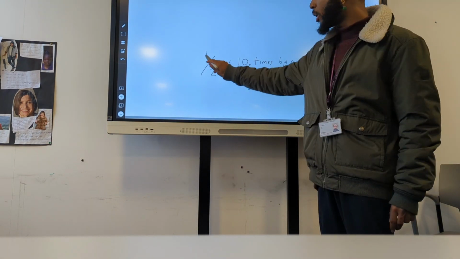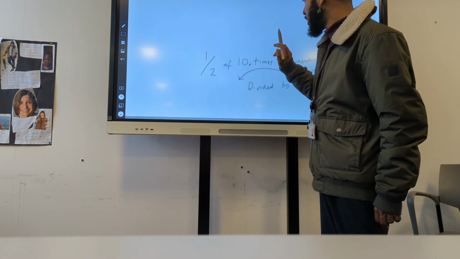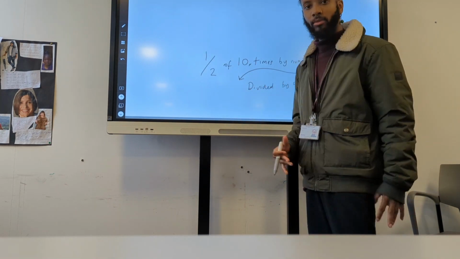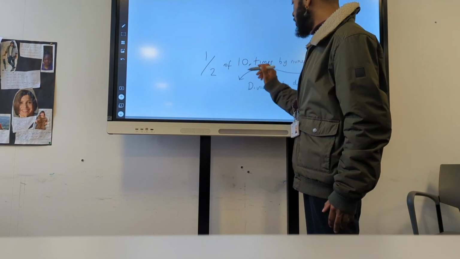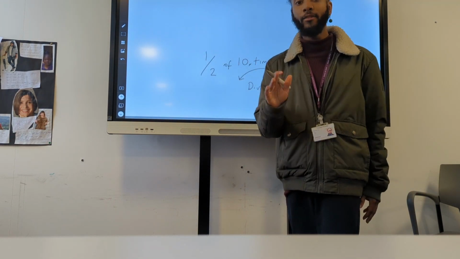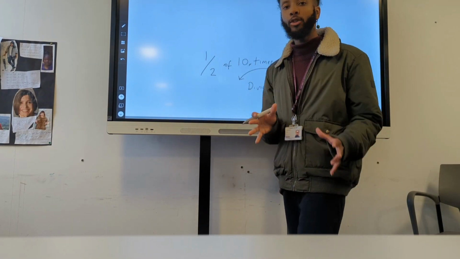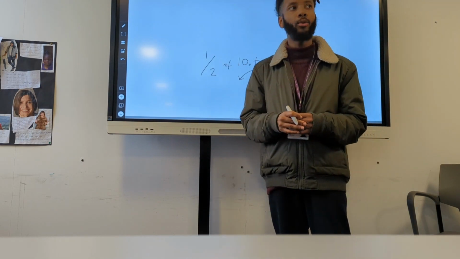We times it by the numerator, which is the top number. 10 times 1 is 10. 10 lots of 1 is 10. Then we divide it by the denominator. 10 divided by 2 is 5. And that's how you represent in numerical terms how to find a fraction of a whole number.